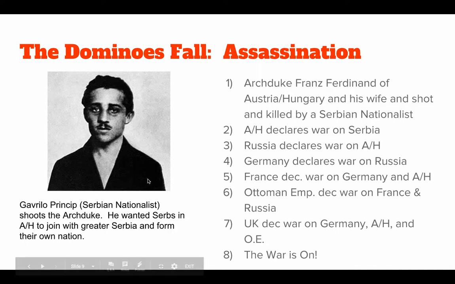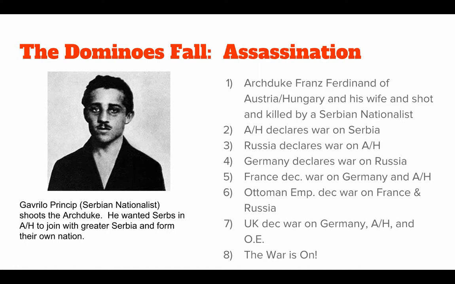Now, this is the event that's going to cause the dominoes to fall, and this is the spark that ignites World War I, the assassination of Archduke Franz Ferdinand. You have this gentleman on the left, Gavrilo Princip, who is a Serbian nationalist. Serbia is a region that's a part of the Austro-Hungarian Empire. Many people in Serbia want to break away from the Austro-Hungarian Empire. They see themselves as culturally different, linguistically different, religiously different.